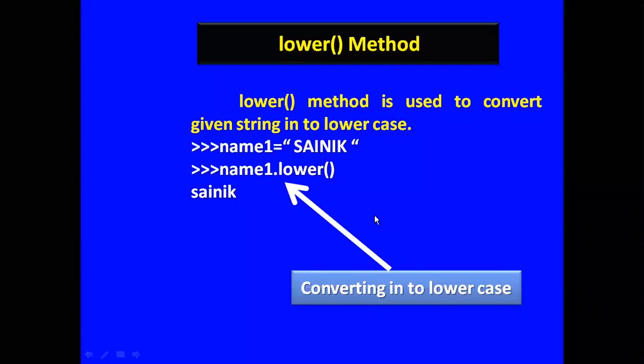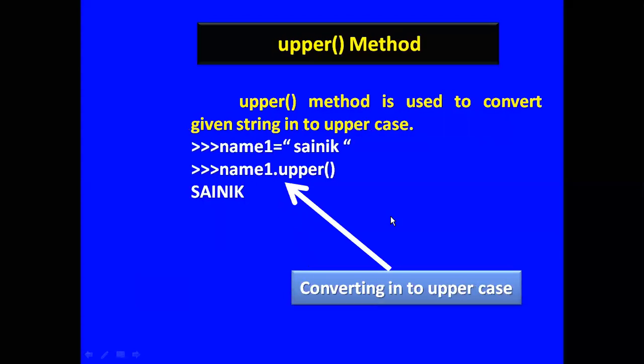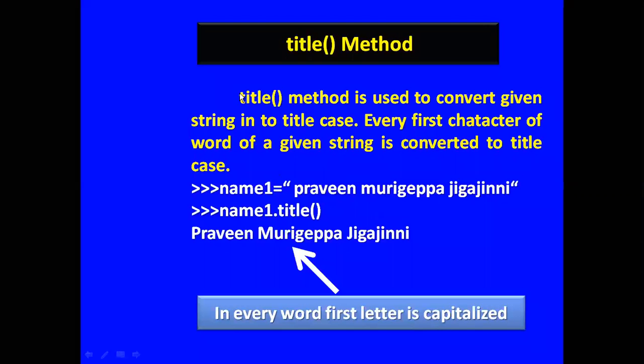Then we talk about the lower function. It converts the given string into lowercase. If I talk about the upper function, it converts the string into uppercase. Then I talk about the title case. The very first alphabet after the space, which means the start of a new word, is going to be converted to capital.